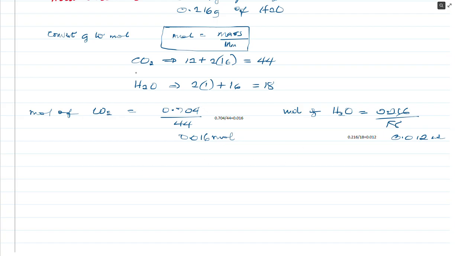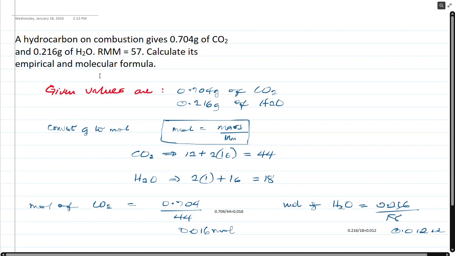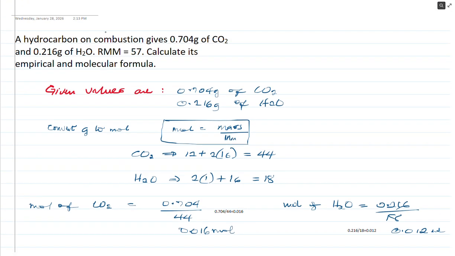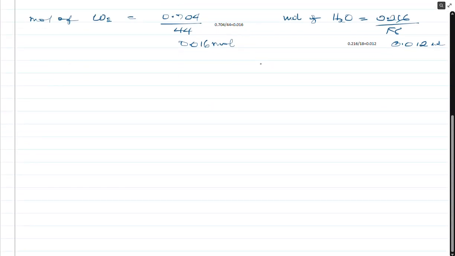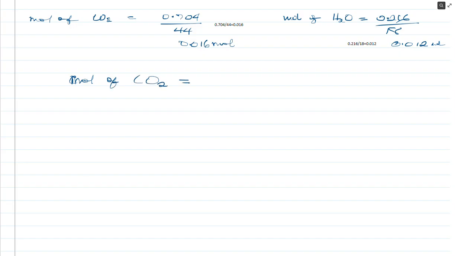Now remember, they said the compound is a hydrocarbon. When they say hydrocarbon, it means the compound contains carbon and hydrogen atoms only. Now, if you look at this, they said mole of CO2 equals 0.016.